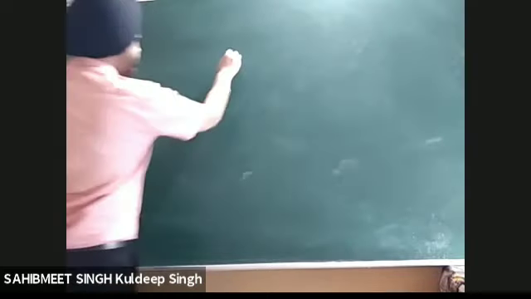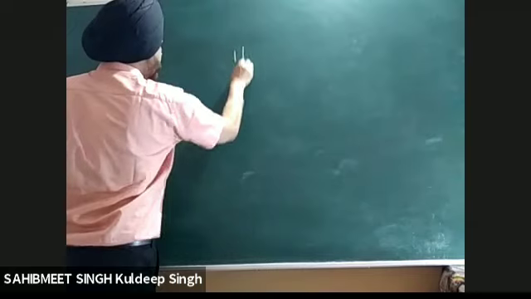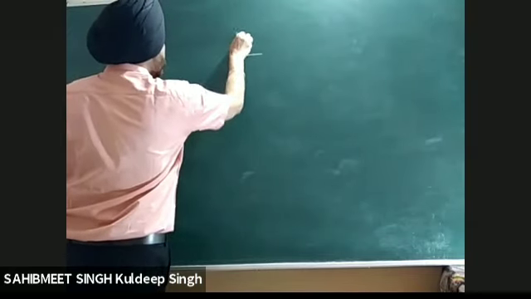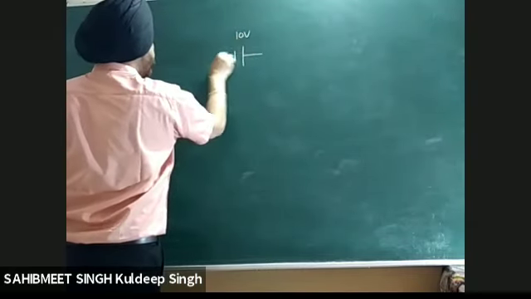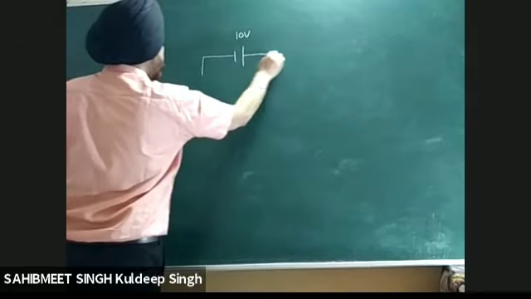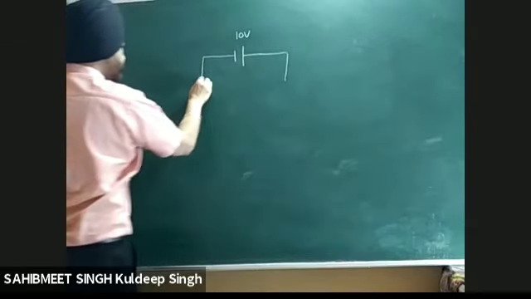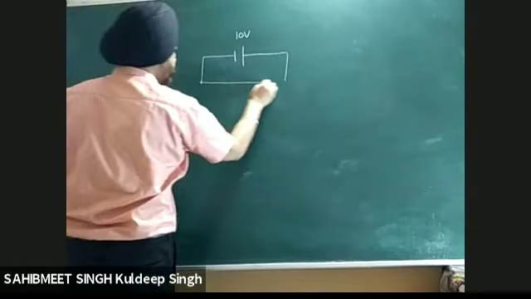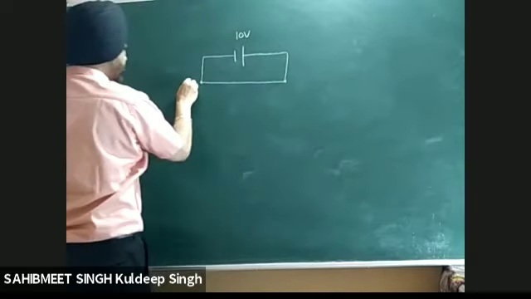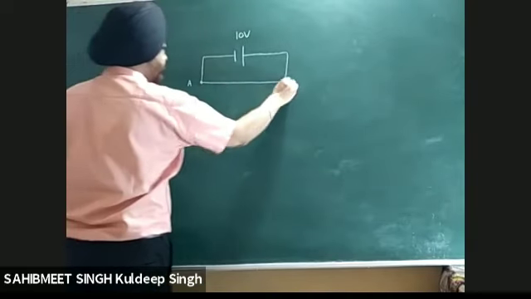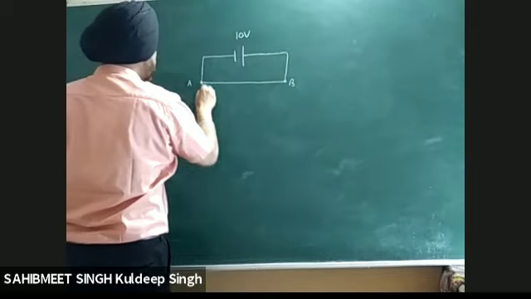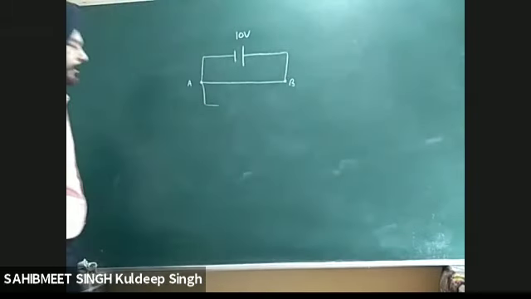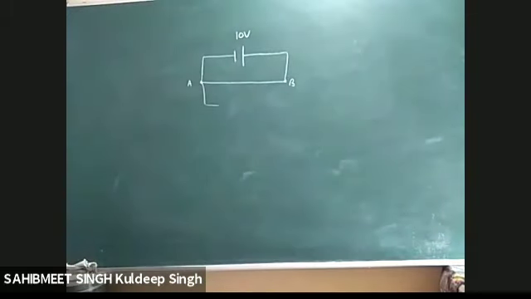If I do not connect the same polarity, say I have a 10 volt battery here, it is connected to the potentiometer, and there is another cell given to me whose EMF is 6 volt.